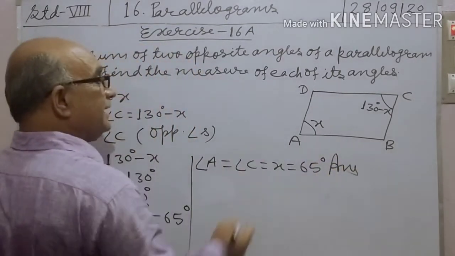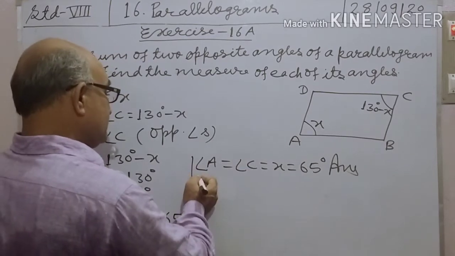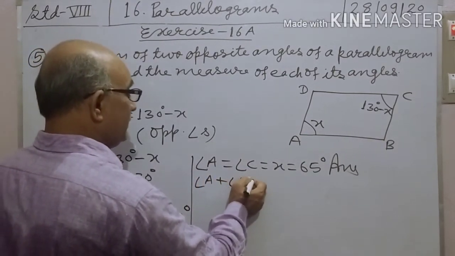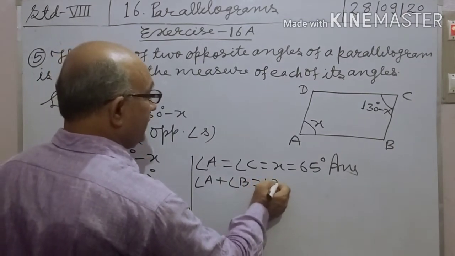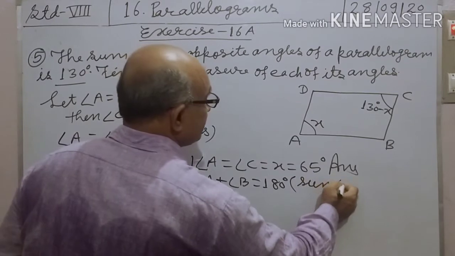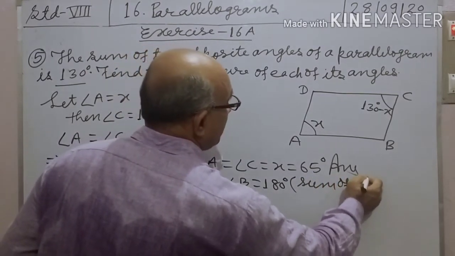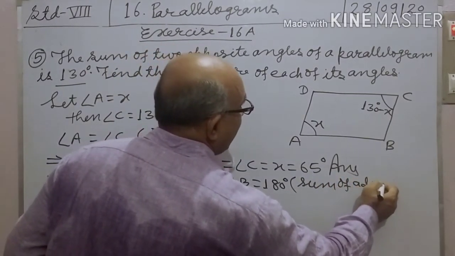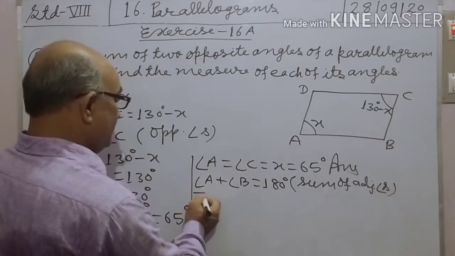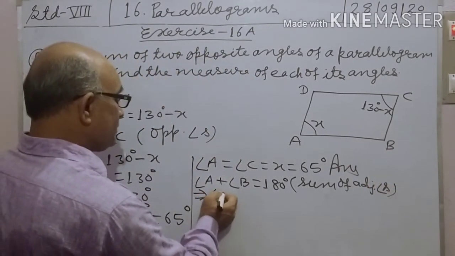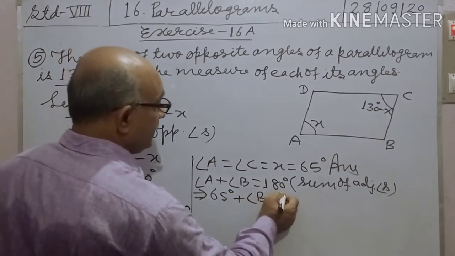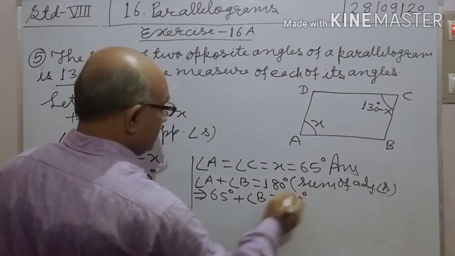And next, angle B, find. So angle A plus angle B equal to 180 degrees, the sum of adjacent angles. So angle A equal to 65 degrees plus angle B equal to 180 degrees.